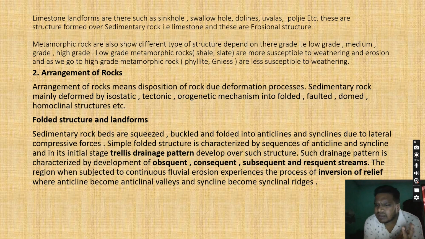Low grade metamorphic rocks are those that get weathered easily, like shale, slate, etc. Medium grade rocks are schist and phyllite, and then we have high grade metamorphic rock, that is gneiss.